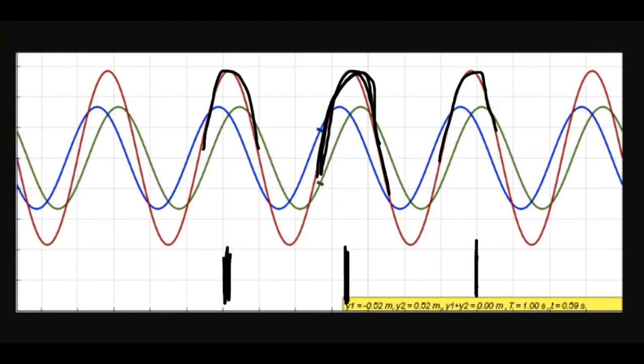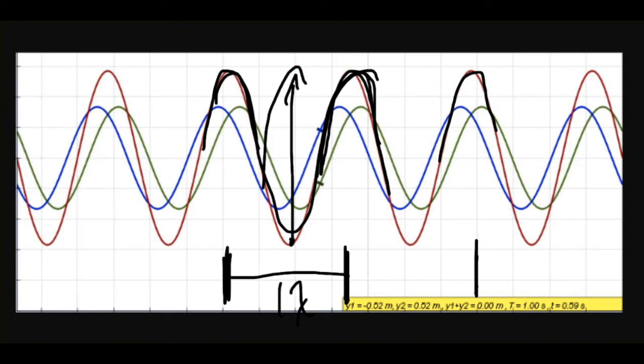Now, if I measure from one of these to one of these, I would have one wavelength, right? Because this is a crest, and then it goes down to a trough, and then to another crest. The problem is that these are moving so quickly that this trough here is going to move up to be a crest, and this crest here is going to move down to be a trough.